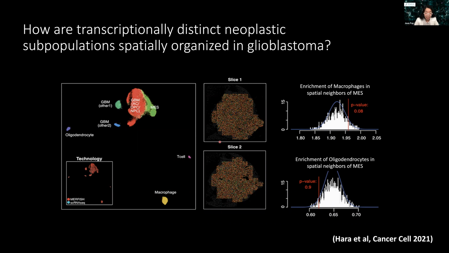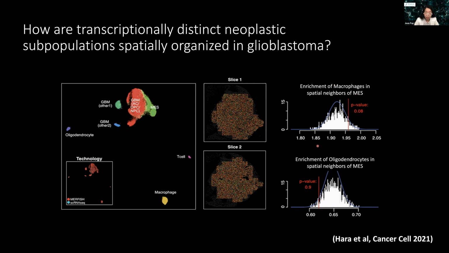And interestingly here, what we observe is that when we look among the spatial neighbors of the mesenchymal-like glioblastoma cells, we see a lot of macrophages, and more macrophages than what we expect by chance based on a permutation null model.